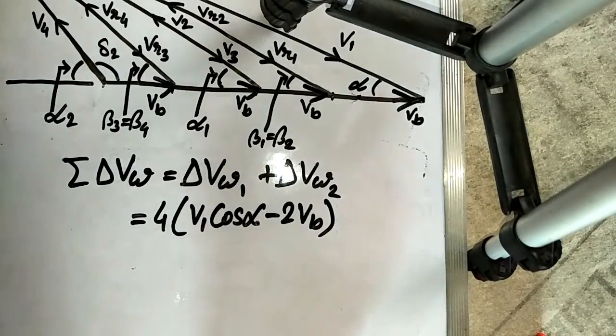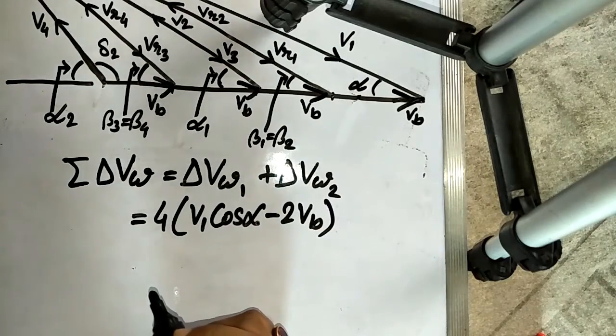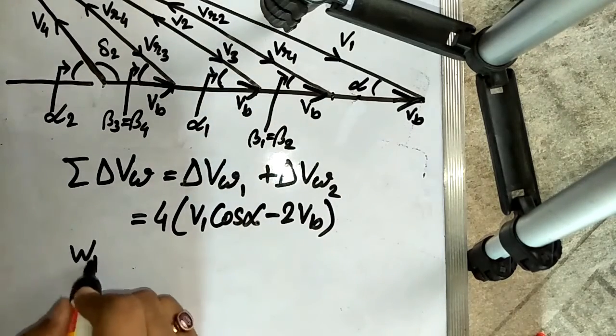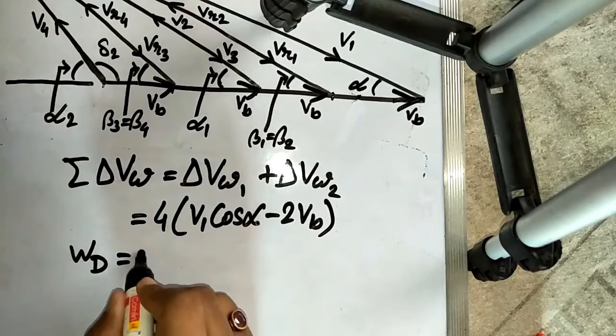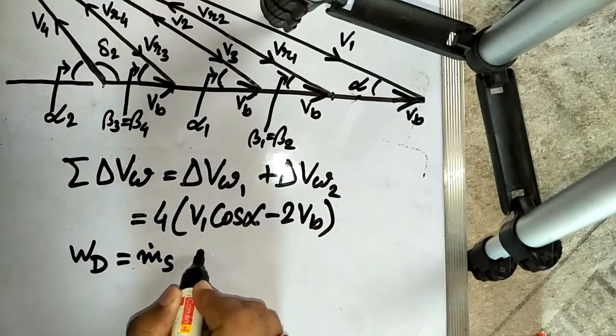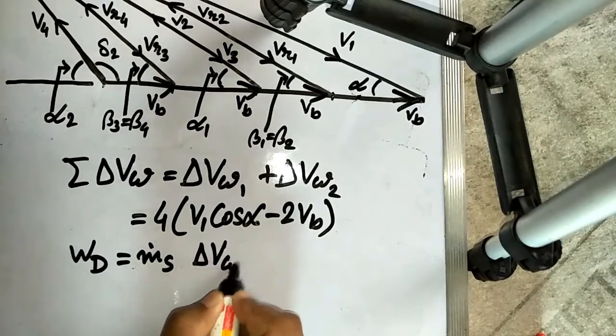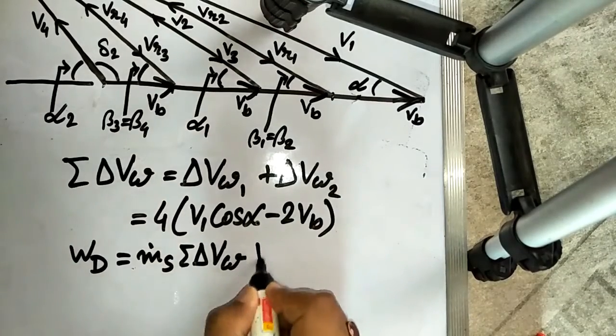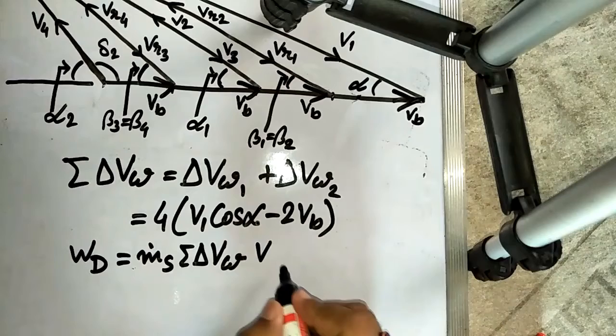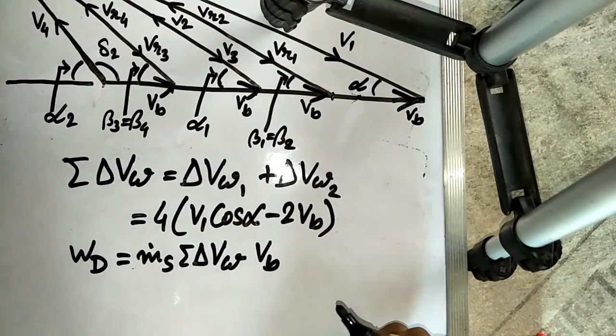So now the diagram work will be equal to W_D is equal to m dot s into the summation of Δv_ω into vb. This is the diagram work.